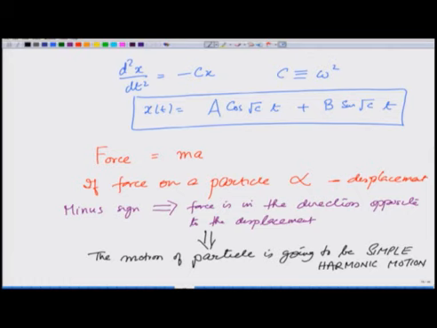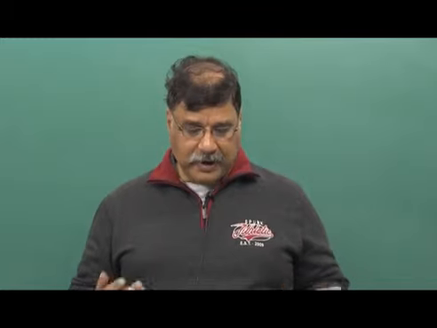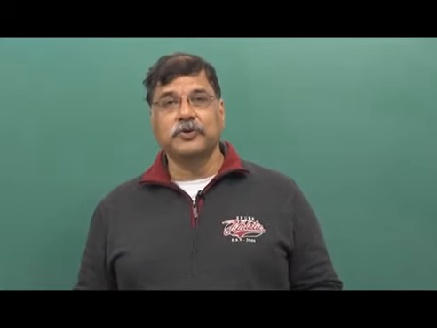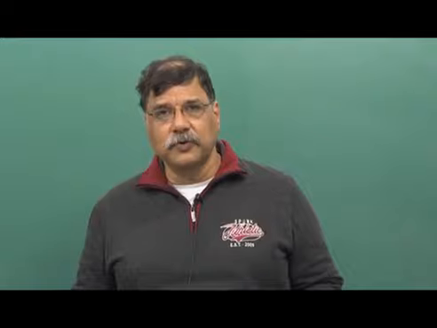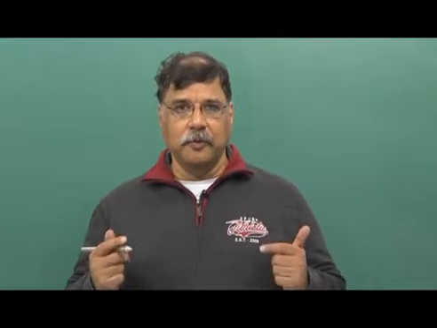So, we have just looked at this particle moving around in a circle, and through that we found out what x(t) or y(t) or the displacement is, took its derivative and then turned the whole argument around. We went back saying that if the acceleration is proportional to the displacement or the force is proportional to displacement, but in the direction opposite, the motion is going to be simple harmonic.